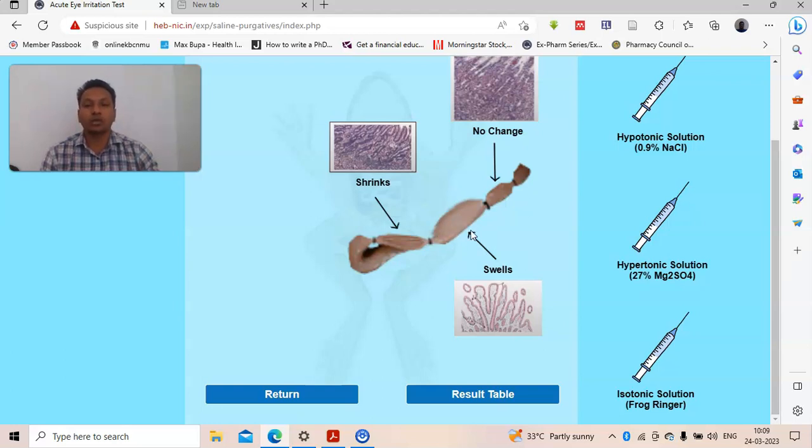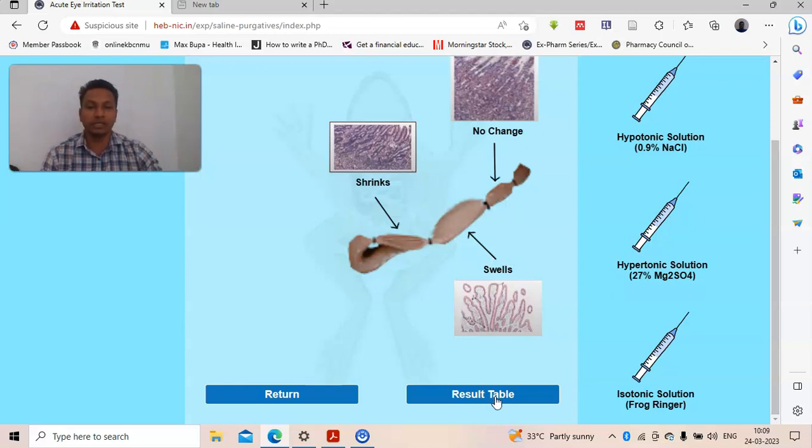So it causes pressure, which helps the defecation of the bowel. In the third compartment, you have seen no change has occurred due to the isotonic solution, and in isotonic solution there is no movement of ions, so no osmotic pressure change. Here the osmotic pressure increased, and that causes the bowel movement.